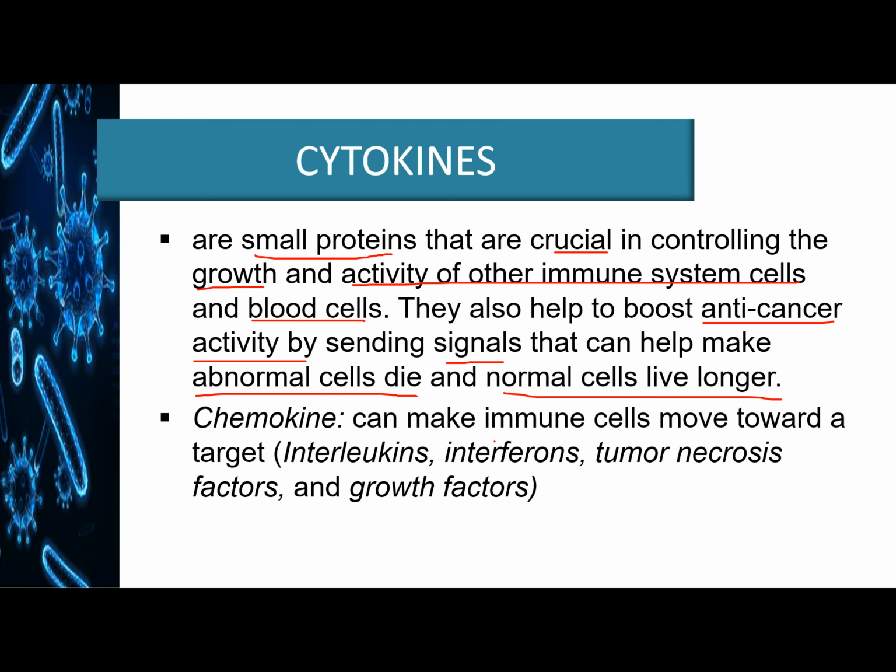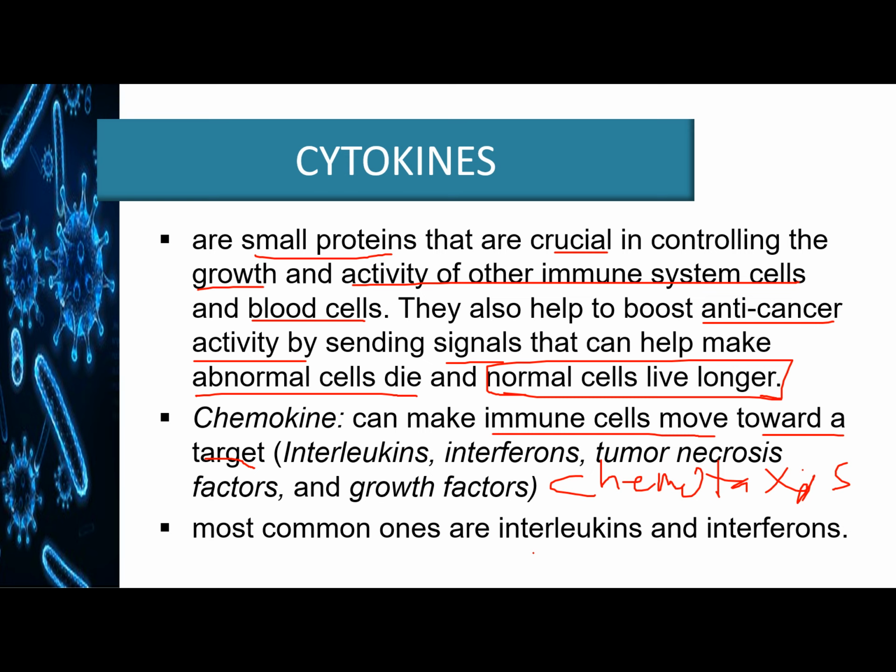Your chemokines naman, class, can make immune cells move toward a target, such as interleukin, interferon, TNF, and your growth factors. So pakitandaan, class, cytokines would cause death to abnormal cells and normal cells to live longer, while chemokines, class, sila yung nagkakos ng movement. If you still remember via chemotaxis, di ba?